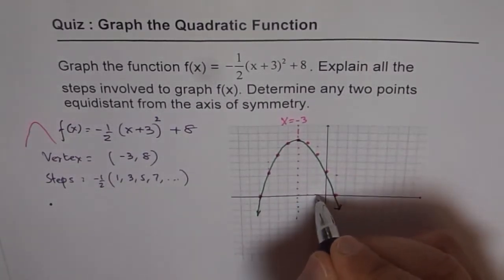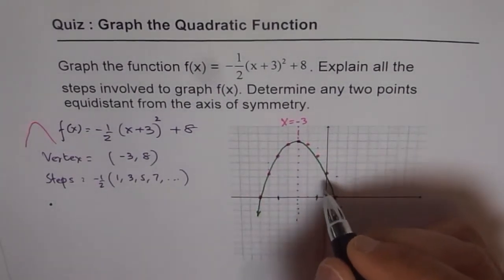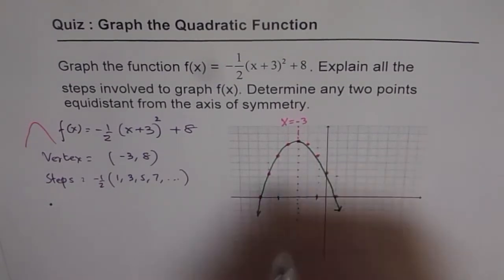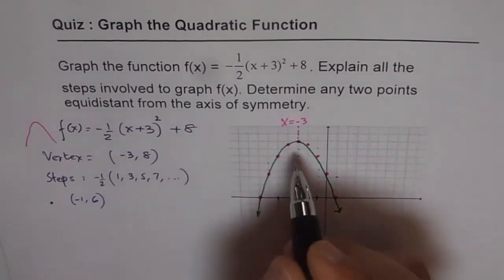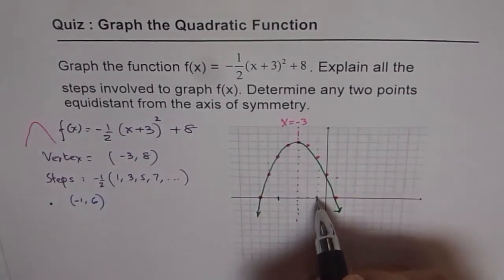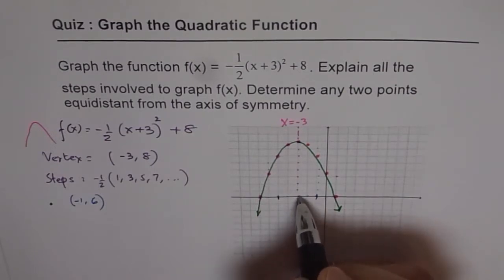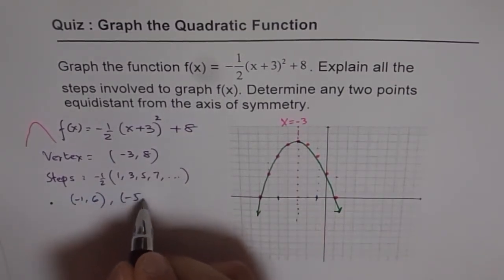I'll prefer to write these points. I'll ignore the half ones. So at -1, I have 1, 2, 3, 4, 5, 6. So at -1, I have 6. And then we have 6 also at -1, 2, 3, 4, 5, so at -5, we have 6.